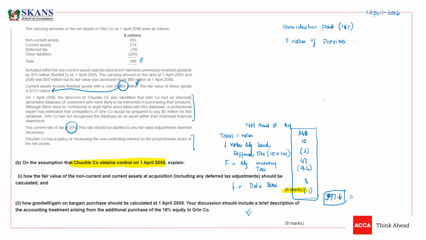So this is piecemeal acquisition. If there is any previous investment in the same company, you have to take the fair value of previous investment, obviously at 1st April X6. Then we will write NCI. NCI could be at proportionate share, or NCI could be at fair value. So here NCI is at proportionate share. So we will calculate this proportionate share.